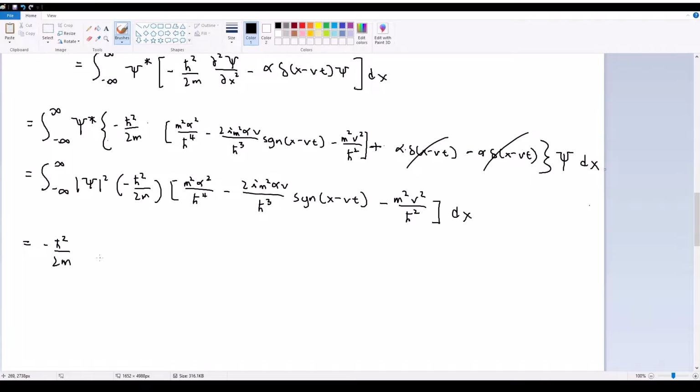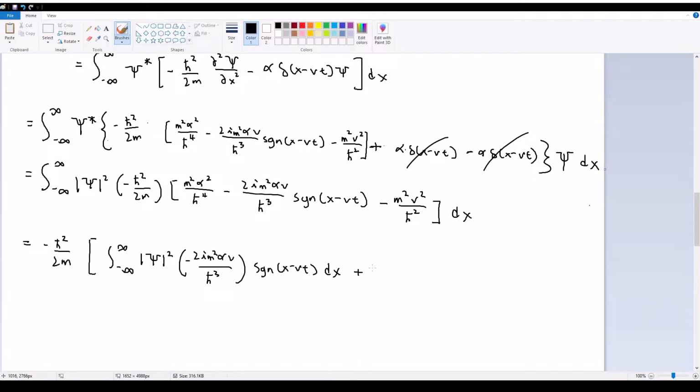And then at this point what we have is two different integrals. In order to make this a little bit easier, I'm going to start this as two separate integrals. An integral from negative infinity to infinity of magnitude psi squared times negative 2im squared alpha v over h bar cubed signum x minus vt dx.